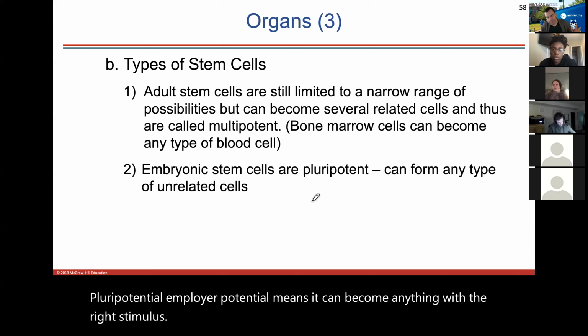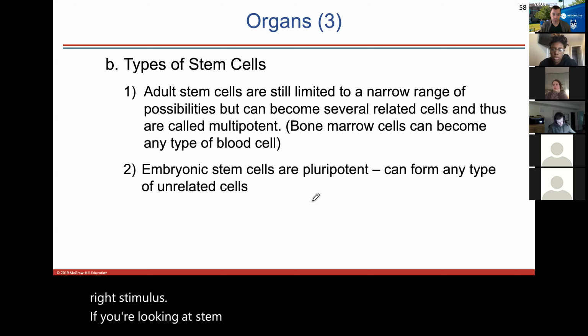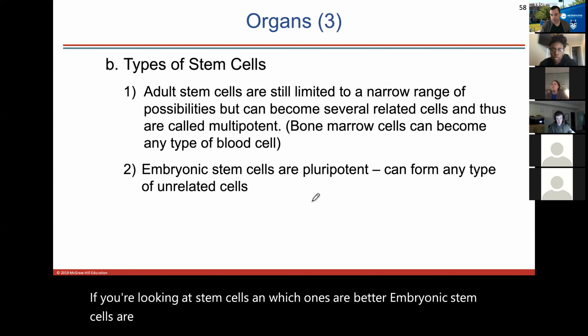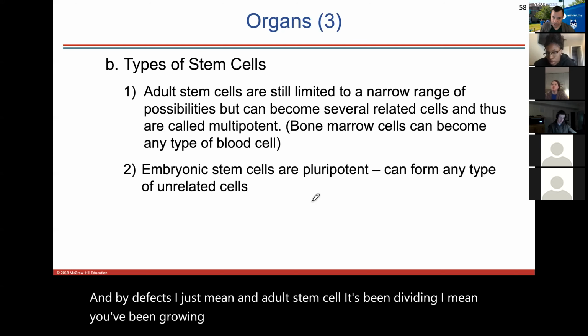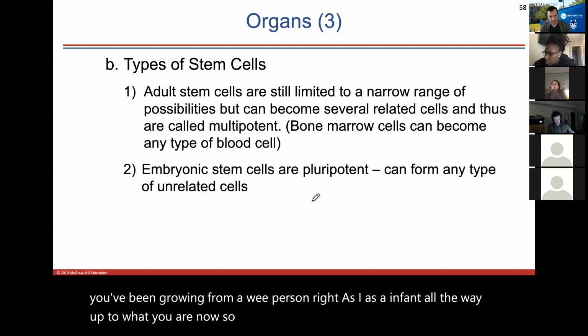If you're looking at stem cells and which ones are better, embryonic stem cells are obviously better. They have less potential for defects. An adult stem cell has been dividing. I mean, you've been growing from a wee person, as an infant, all the way up to what you are now, so obviously these cells have divided off of and given you new cells.